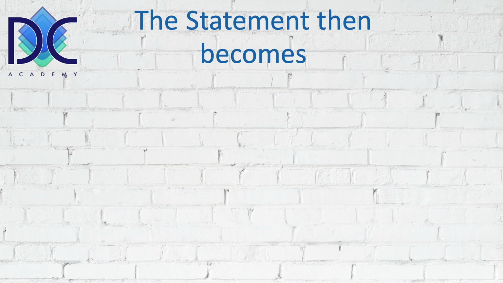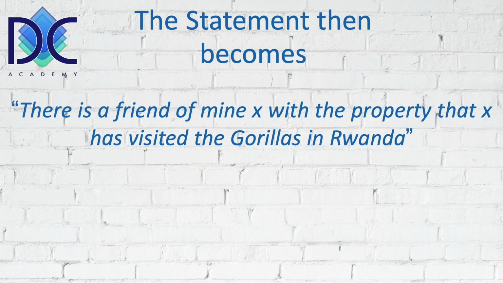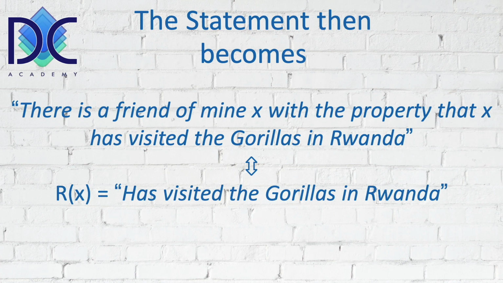And when we look at the statement, I didn't have enough space on the previous page, so I come here to the quantifiers, and basically we can say R of X has visited the gorillas in Rwanda, and it means that there is an X, R of X, who is in fact a friend who visited the gorillas in Rwanda.